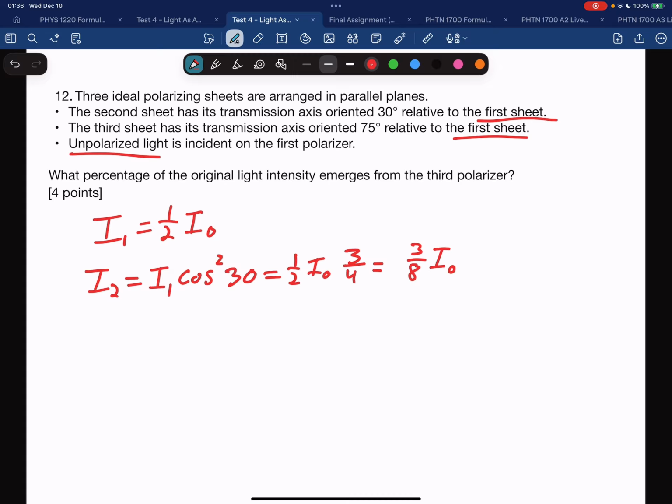And now for the third polarizer, the amount of light that comes through is going to be equal to I2 times the cosine squared of the angle between the light coming from the second polarizer and the transmission axis of the third. So this theta here is actually going to be 75 minus 30.